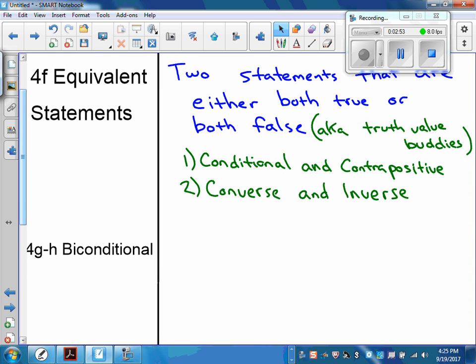Biconditional is another way we can get a little more tricky with regards to these basics.